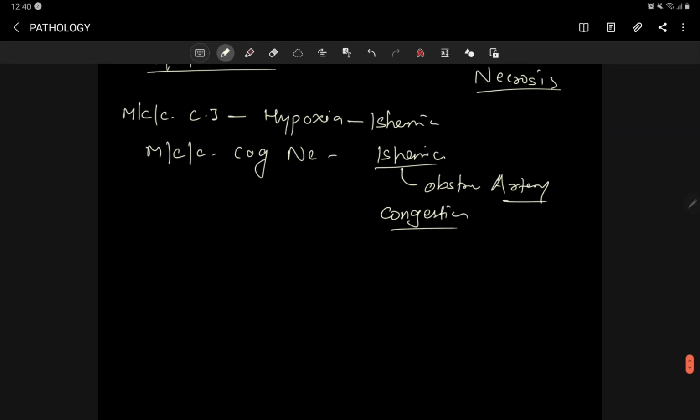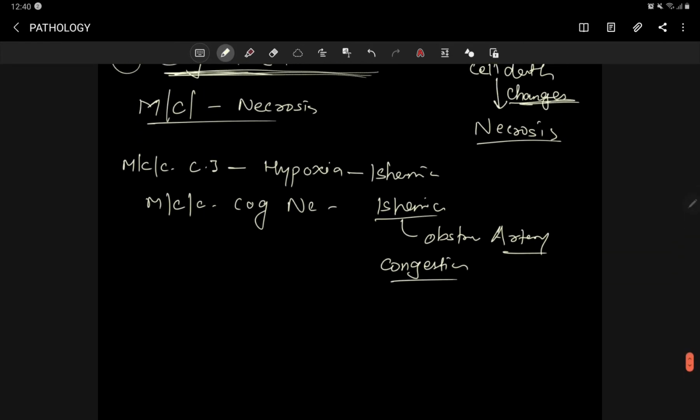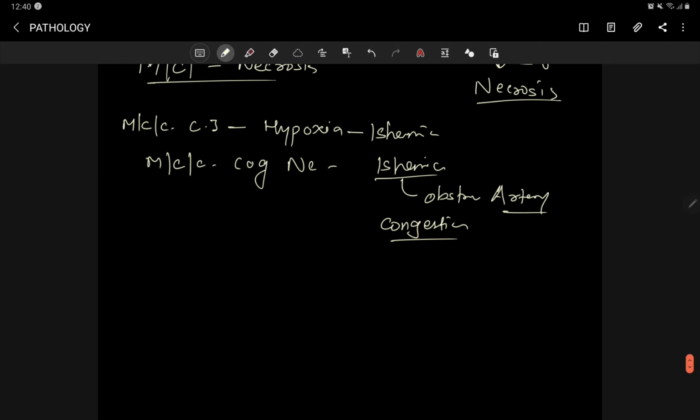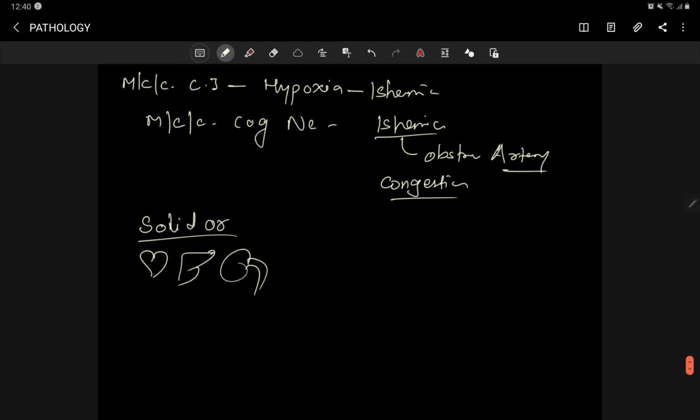Now, coagulative necrosis is the most common, but it is not occurring in every organ. It is occurring in solid organs, for example heart, liver, kidney.